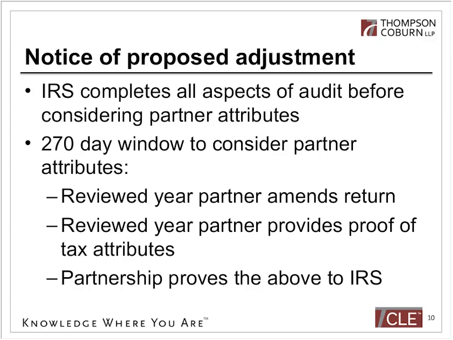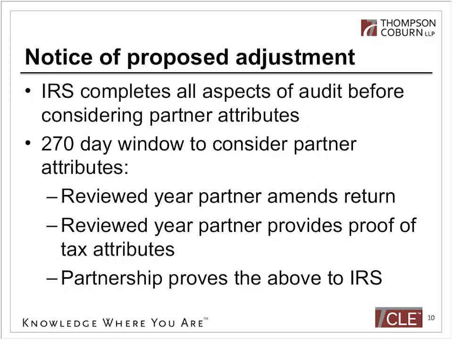So the partnership representative gets these proposed adjustments and then figures out, is this something where the partnership should just pay it and make it go away, or should we try to apply the different partner attributes like I was saying before? There are two different ways to apply the tax attributes.